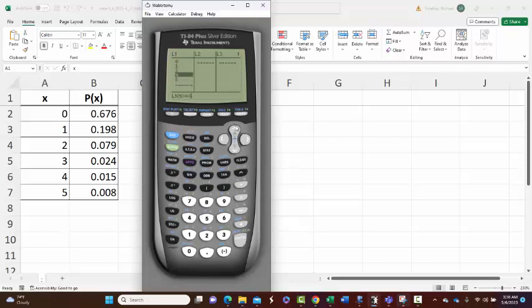And I missed the 2. 0.676. So now they're in there.